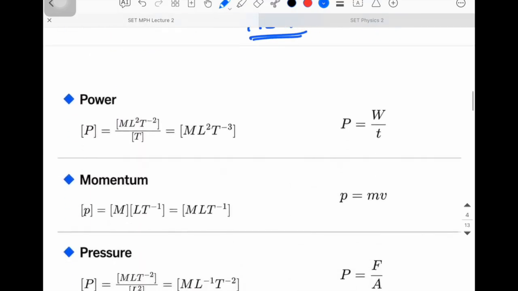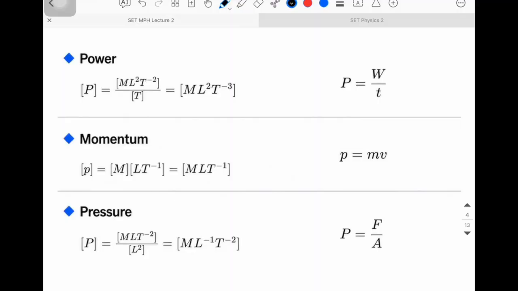Okay, next, dimension of power. We know that power is the rate of change of energy, or energy by time, or work by time. So the dimension of power becomes dimension of energy, or work, upon time. The dimension of energy is M L square t power minus 2, upon t.